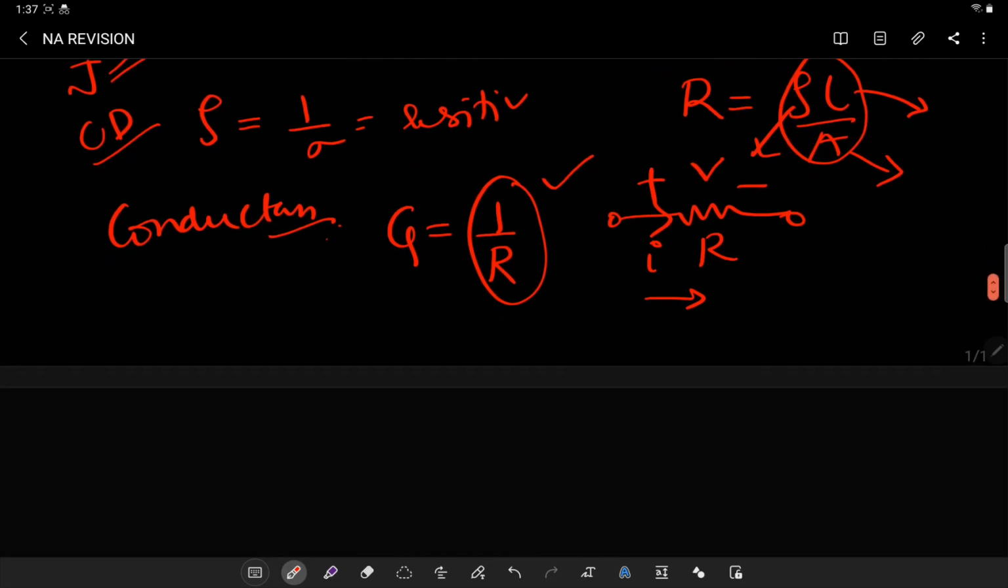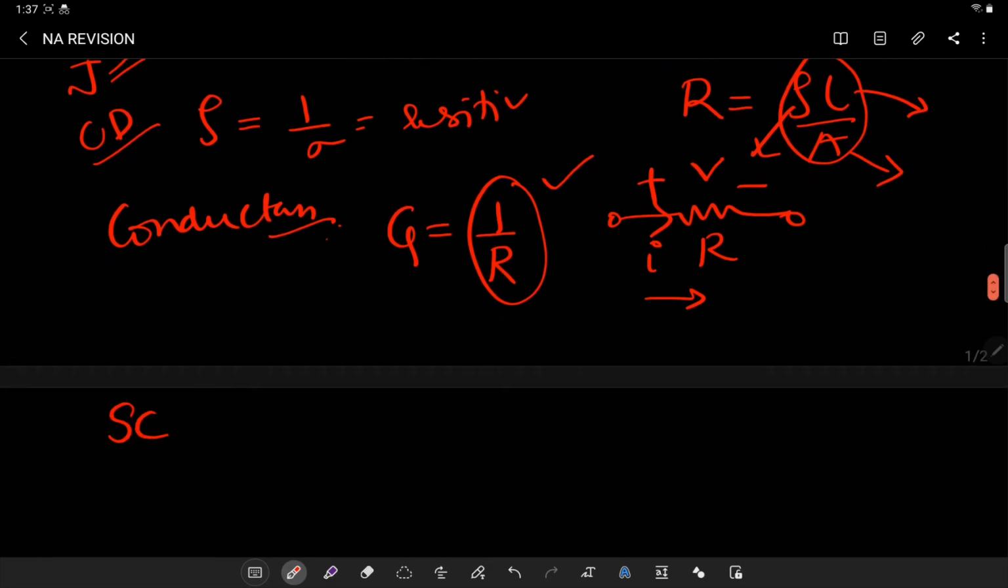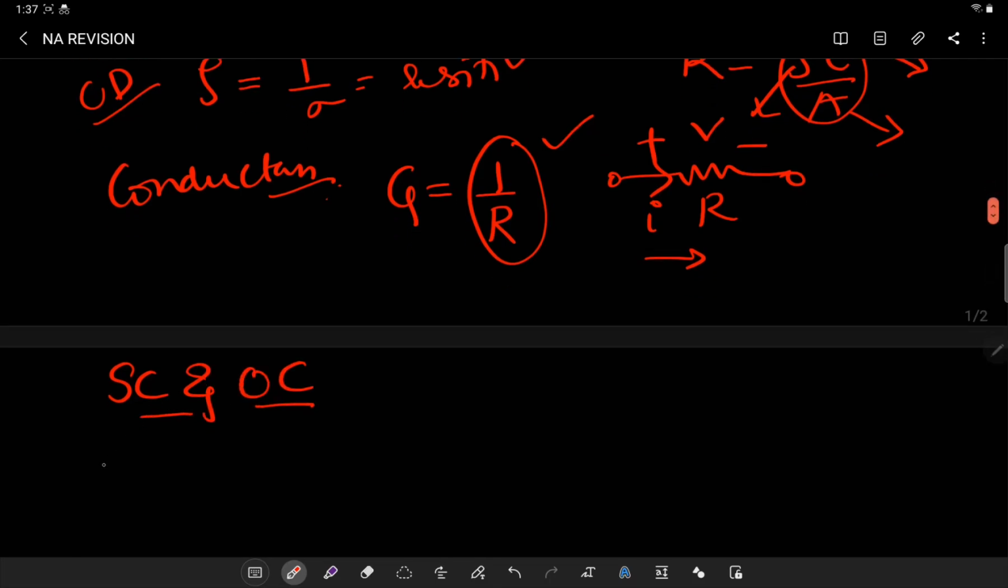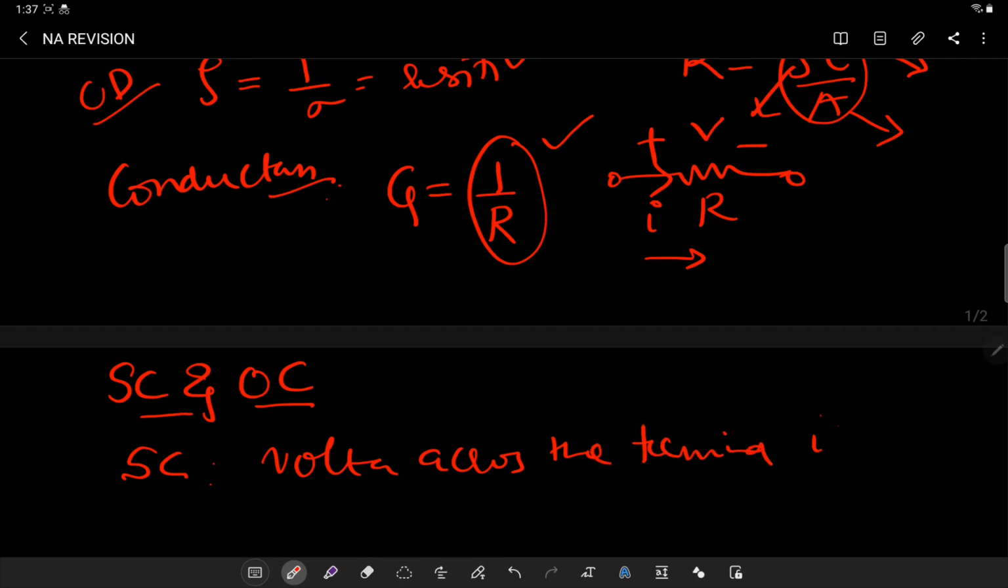The next important topic is short circuit and open circuit. In a short circuit, the basic important point a student has to remember is that the voltage across the terminals is 0.